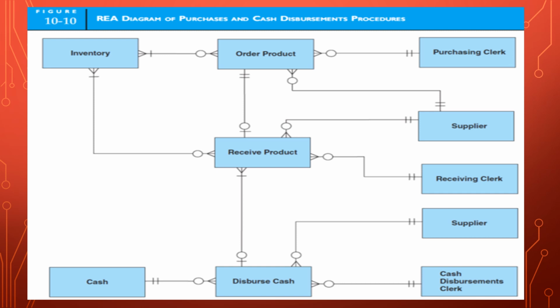So suppliers, we order the product from the suppliers, and normally we order many items from one supplier. In recording the database of this supplier, we can record many items, and the order of the product is related to the inventory resource.